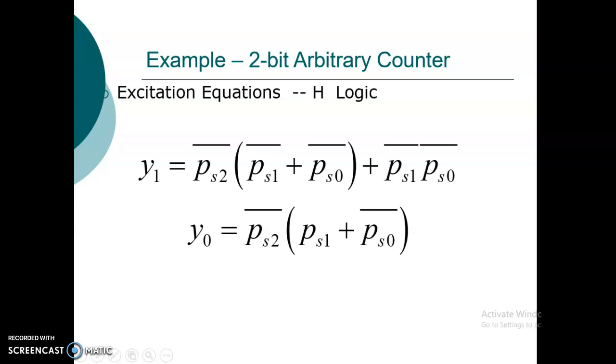For H logic, Y1 equal to PS2 bar, present state 2 bar into present state 1 bar plus present state 0 bar plus present state 1 bar into present state 0 bar. Then we will get Y1 output.